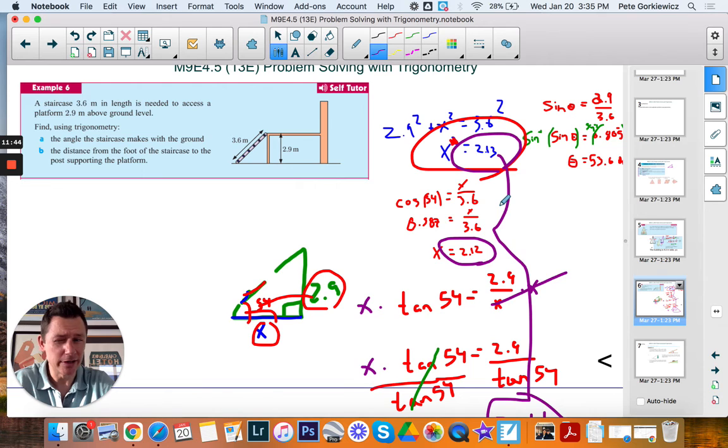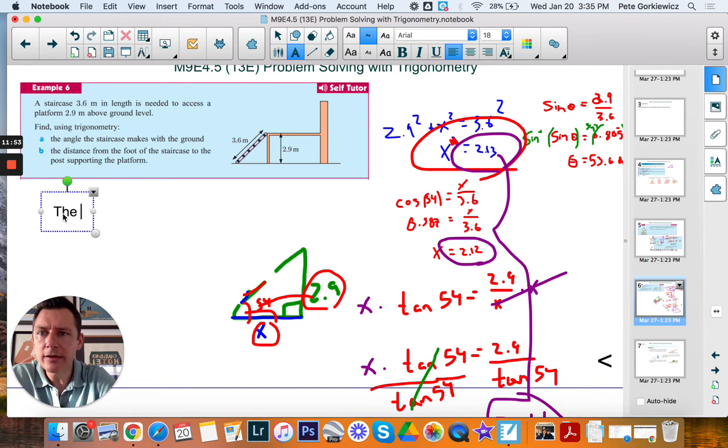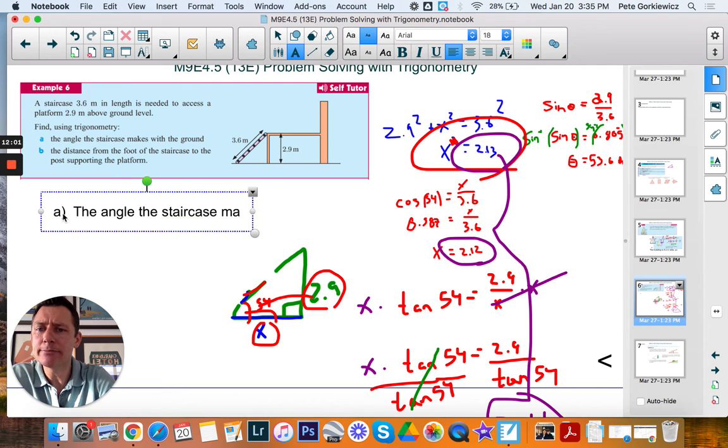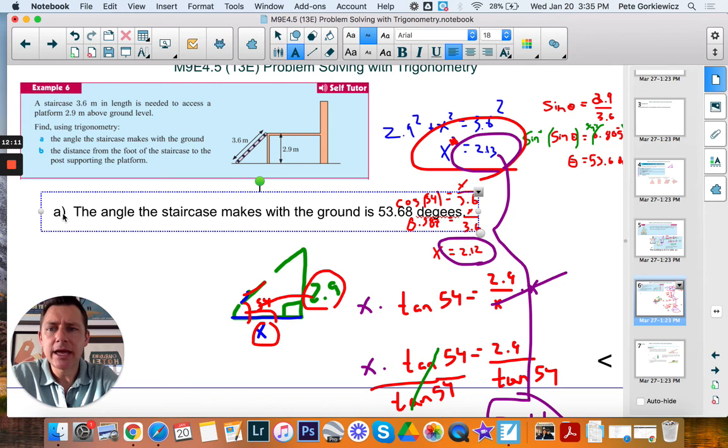There's a little bit of rounding error, but then you would say for both of those, as your answer, for A, the angle, capitalize, what are we, heathens? The angle the staircase makes with the ground is 53.6 degrees.